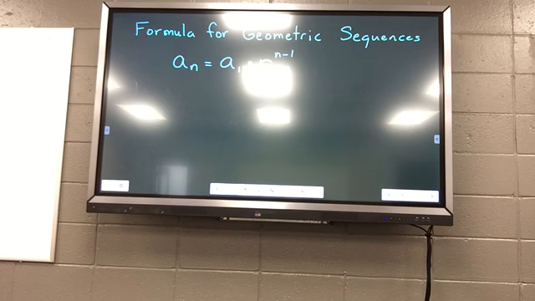So they both have something common. One's a difference, one's a ratio. The formula, a sub n. What do you notice about the two? They start off the same: equals a sub 1. So far, so good. What changes? Instead of adding, you're multiplying. And then in this case, you're doing r to the n minus 1.